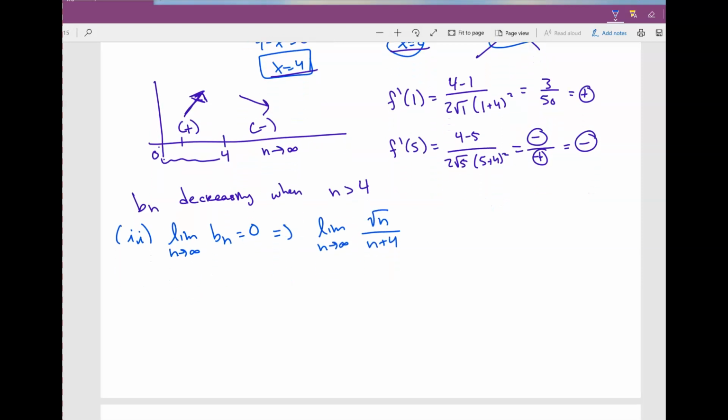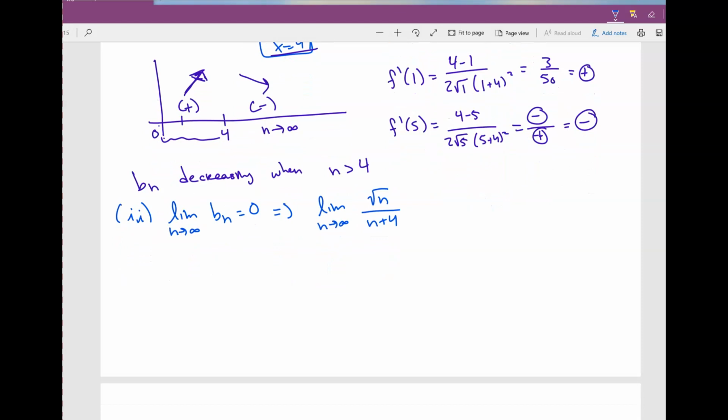Now we can either use L'Hopital's rule if we really want to, or we can take the highest power, which in this case is n. So we're going to divide everything by n. So the limit as n goes to infinity of the square root of n divided by n, over n divided by n plus 4 over n.